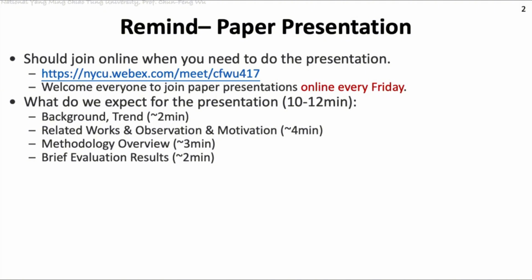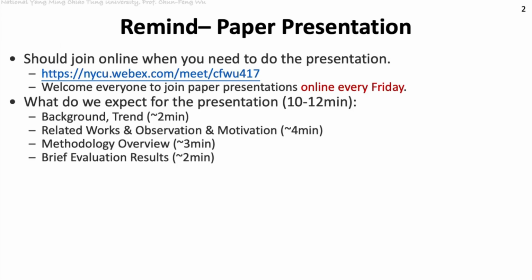And then the next part will be the related works, and observation and motivation. It takes around 3 to 4 minutes, depending. Usually you need to think about what the key related works in this paper are. For example, there are some prior works, several of them, but which one or two are strongly related to this work?